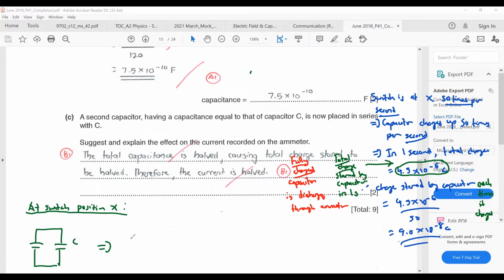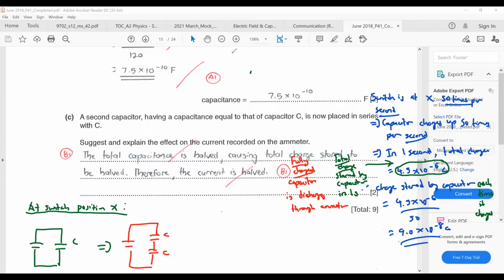So if you add another capacitor in series, and let me use a different color, this will now become something like this. You have another capacitor whose capacitance is equal to the original one, but you place it in series.